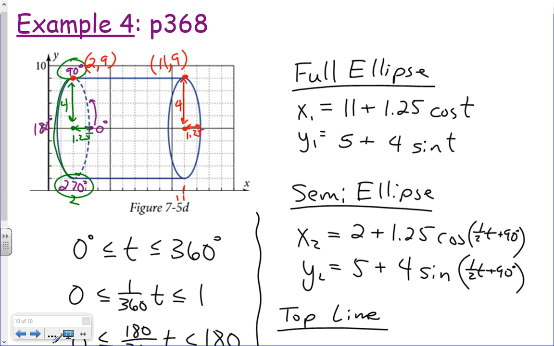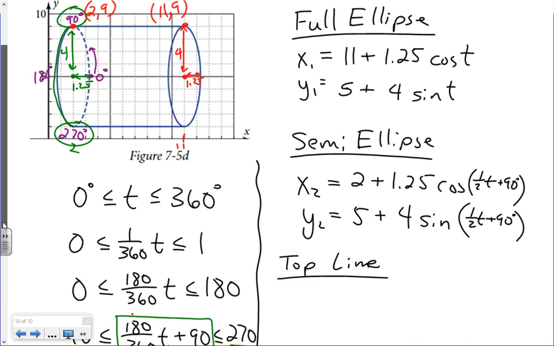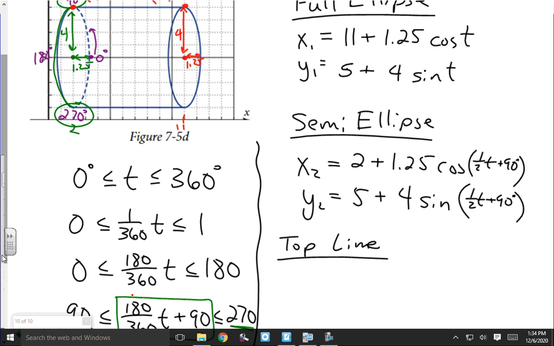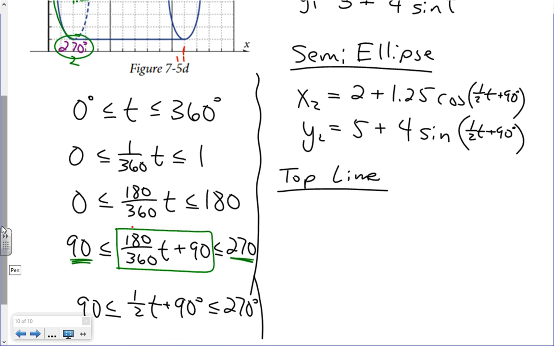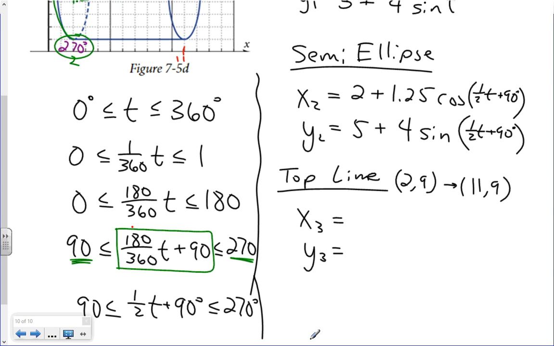So I'm just plugging in those values into that equation, similar to what I do for my ellipse. Just know your formula and use it. So for x, let's call this x3 and y3. Maybe I'll even write over next to this that we're going from the point 2,9 to the point 11,9, is what we're trying to do. All right, so all I do is I take the difference in my x values here, so that's 11 minus 2.